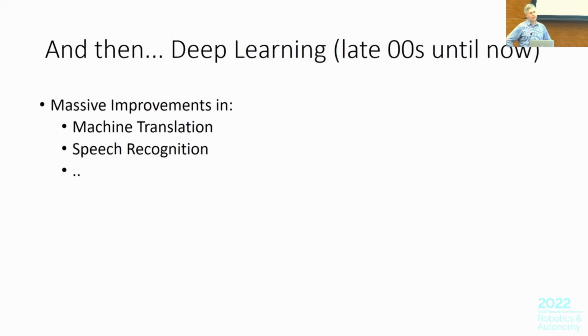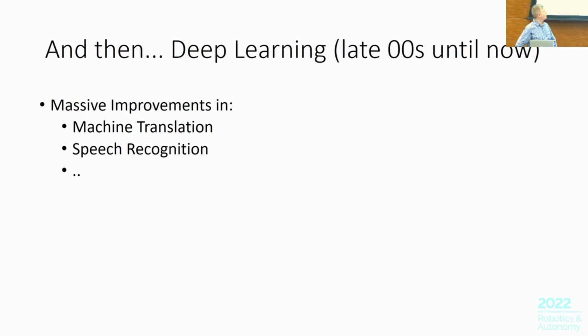And then you had deep learning coming up in the late 2000s, like 2008, 2009, etc. And suddenly you had massive improvement in the first two applications, which were machine translation and speech recognition. Things were improving very slowly and then dramatically they improved.